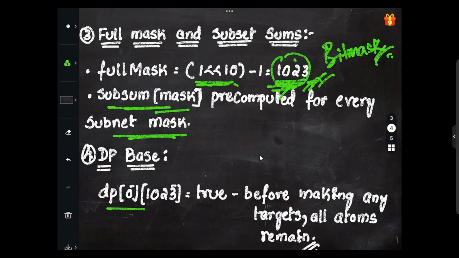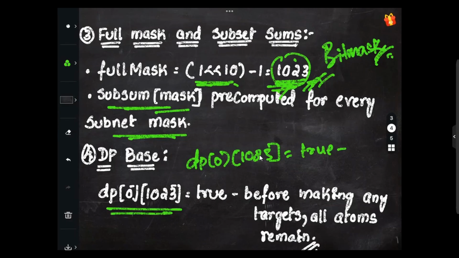So here in this case we will be going with the DP base. Initially this will be 0, and for the full mask, nothing but the value 1023, this will be true: before making any targets, all the atoms remain.